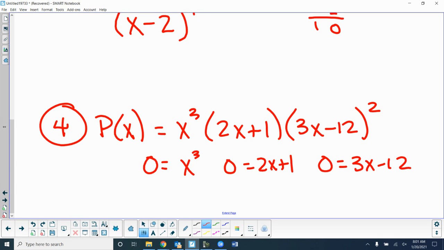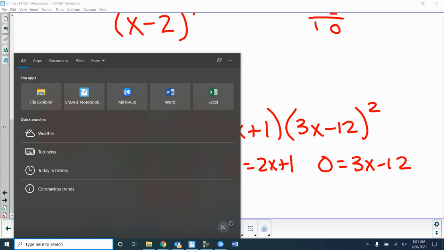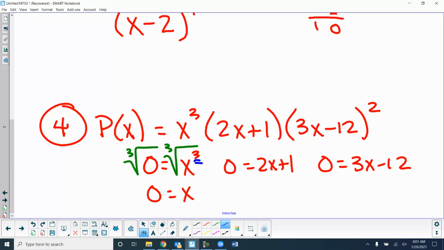Cube root it, right? So you just go cube root of both sides. Well, when you have 0, square root, cube root, fourth root, any root of it's going to be what? 0, right? But what's its multiplicity? Whatever that exponent was is its multiplicity.